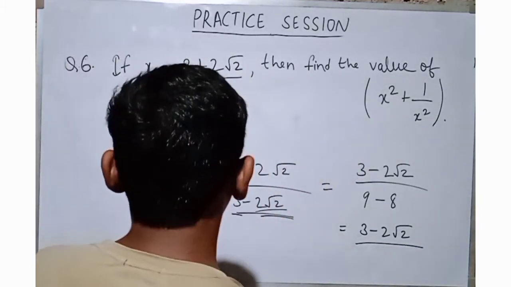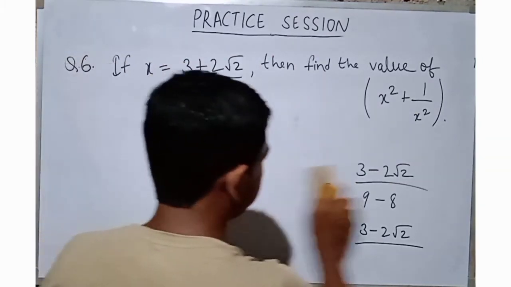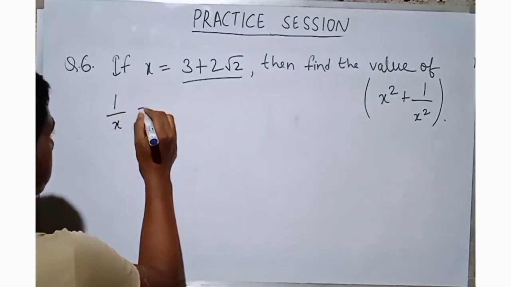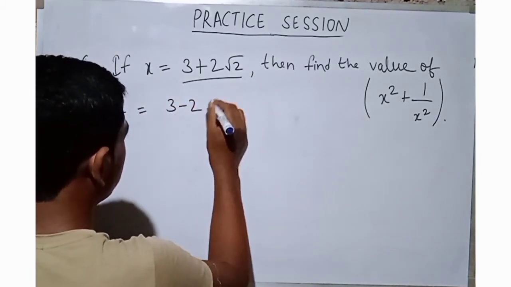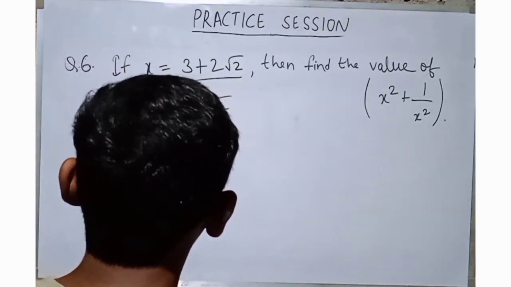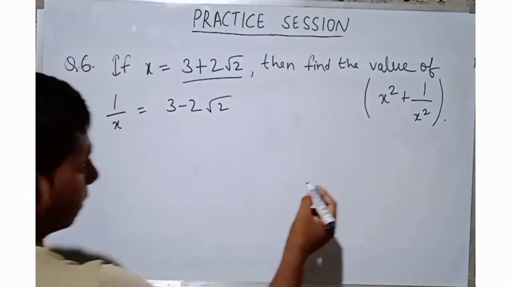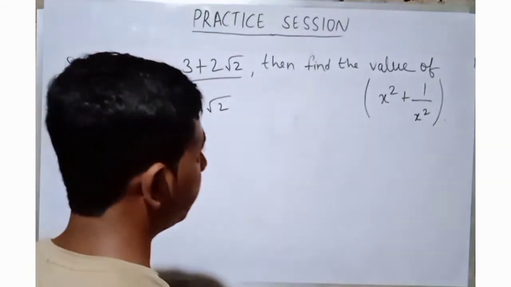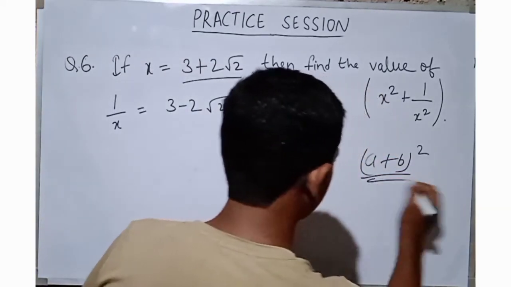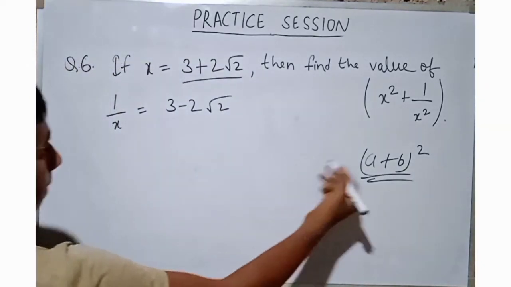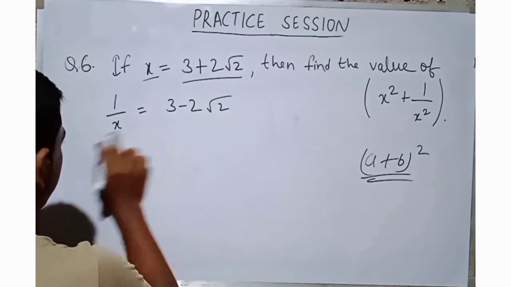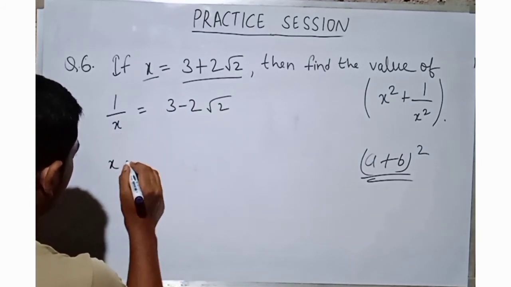So the next step will be, I am first writing here that the value of 1 by x will be 3 minus 2 root 2, which we have found just now. Now, if you remember the identity a plus b whole squared, let's try this. Suppose a is equal to x and b is equal to 1 by x. So a plus b whole square.